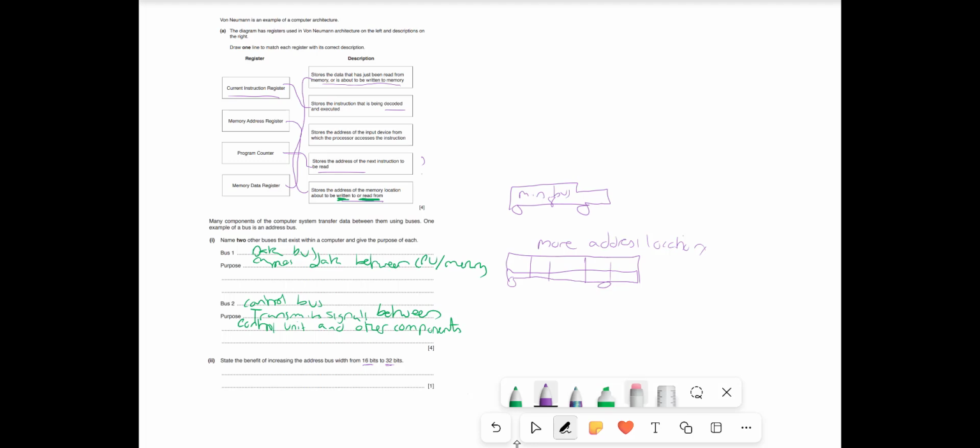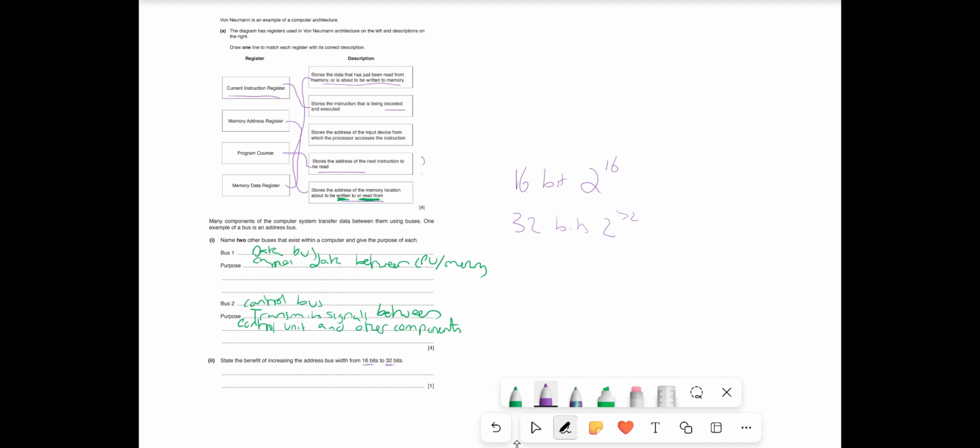So what's the benefit? Let me give you the answer, and I'm going to put the answer here. By doing this, we're going from 16-bit, which we can say is 2 to the power of 16, 2 being binary, base 2, to 32 bits, 2 to the power of 32.